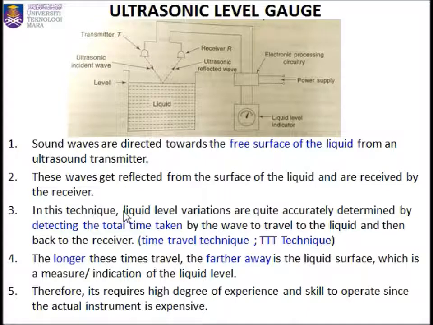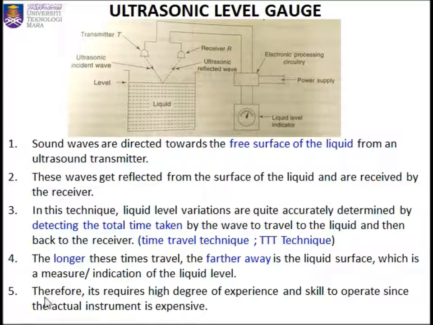Okay, in this technique, liquid level variation is quite accurately determined by detecting the total time taken by the wave to travel to the liquid and then back to the receiver. Okay, we call it the time travel technique. Okay, the time from the transmitter going to the surface and going back to the receiver.